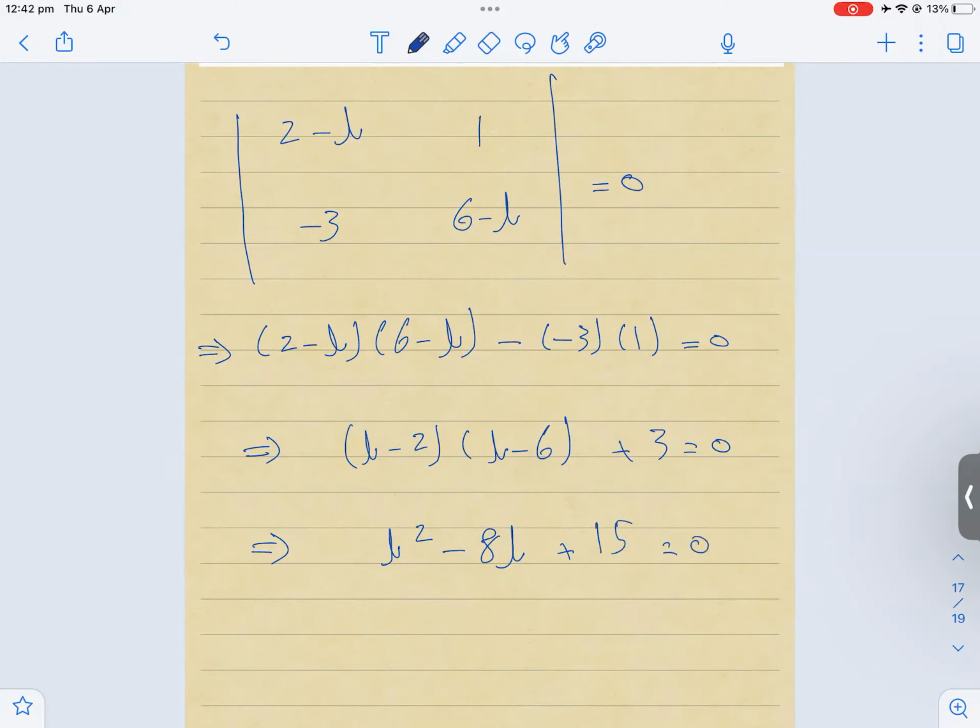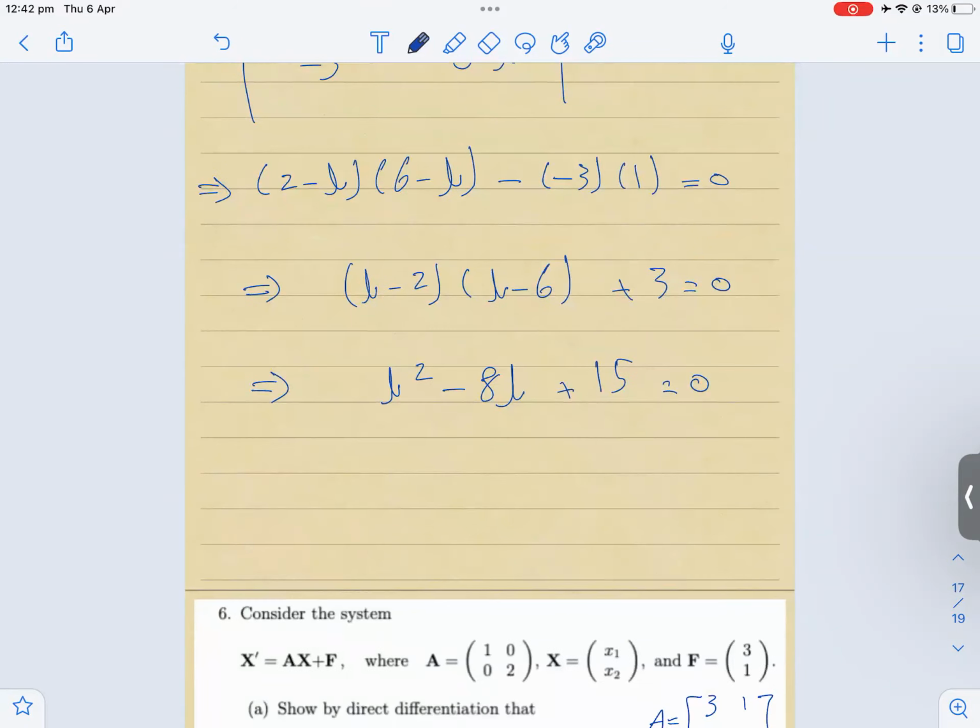Okay, what is this? So lambda equals 3 and 5.